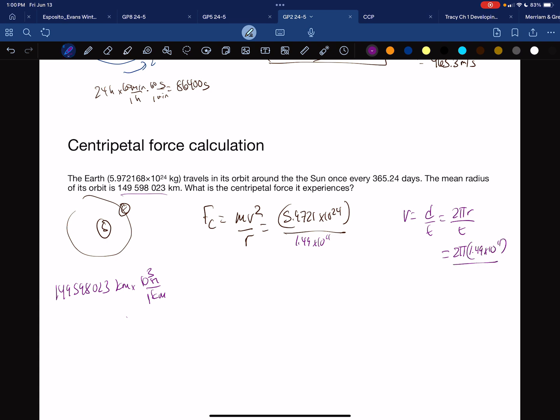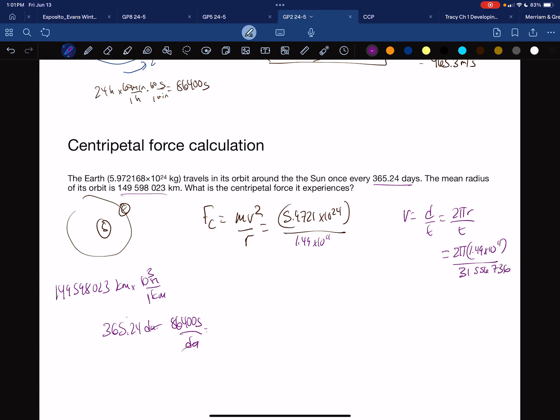And the time, well, we've got 365.24 days times, we did this calculation already, 86,400 seconds per day, which is 31,556,736 seconds.